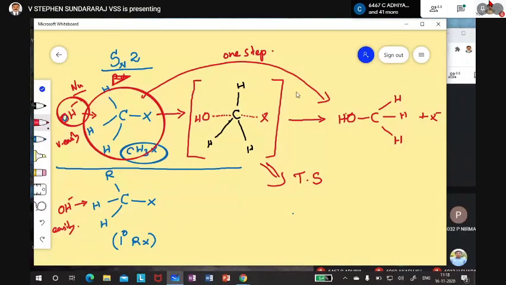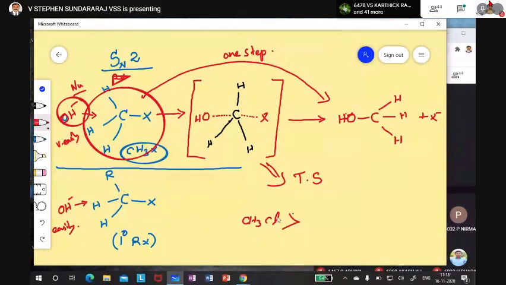Remember, it has no bulky group. This is how you will be able to write. Now you tell me which will be more reactive for SN2. In the SN2 reactivity, in the previous page itself, I have given; you tell me which will be more reactive. CH3Cl will be more reactive because the nucleophile very easily attacks.